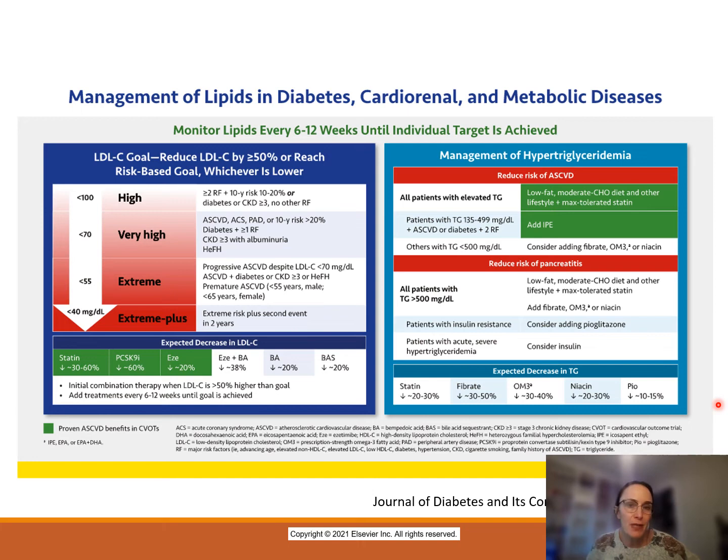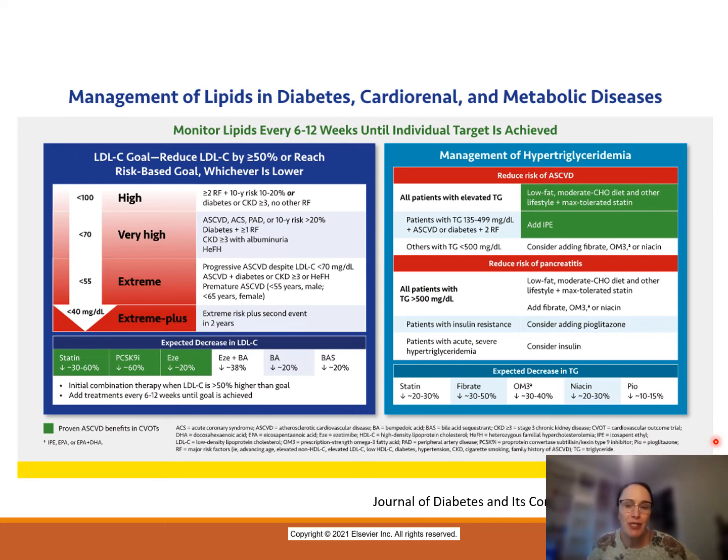If you've got somebody on a statin or you're about to add a statin, just remember you can get a 20 to 30% reduction in triglycerides just by adding a statin. So oftentimes I'll add the statin if they're below 500, if I don't have them on one, reevaluate in a month or two, and then decide whether or not I need to add more.